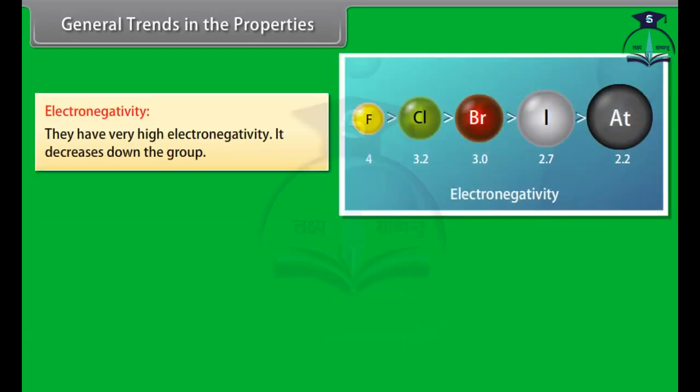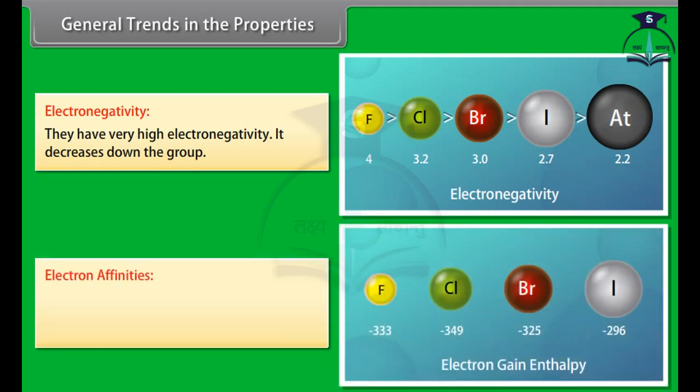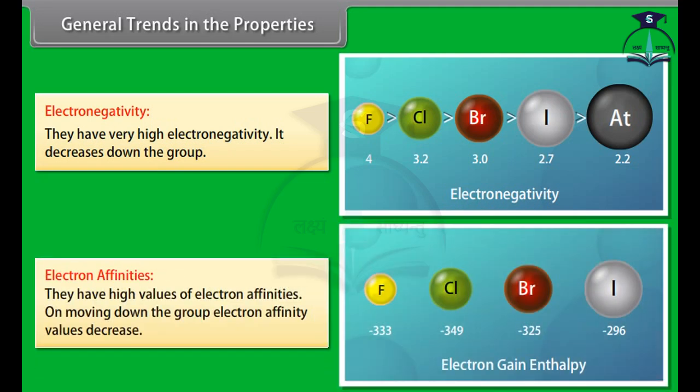Electronegativity. They have a very high electronegativity. It decreases down the group. Fluorine is the most electronegative element in the periodic table. Electron affinities. They have high values of electron affinities. On moving down the group, electron affinity values decrease because size of the atom increases.